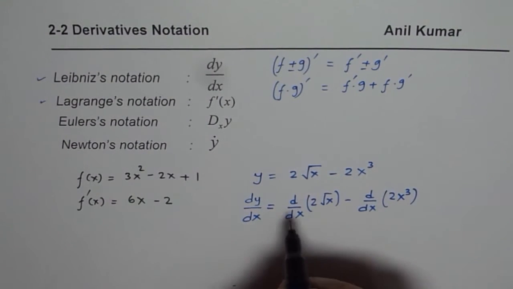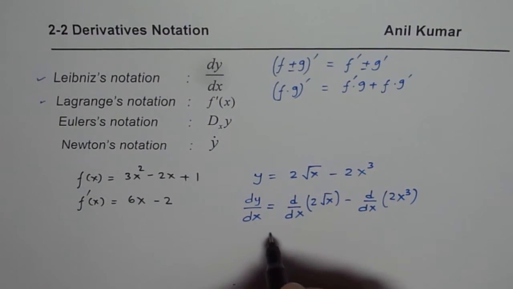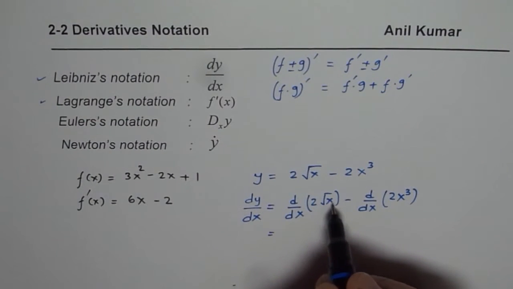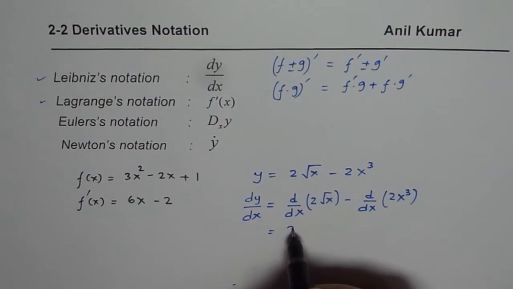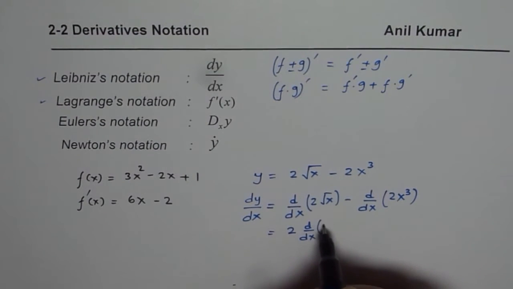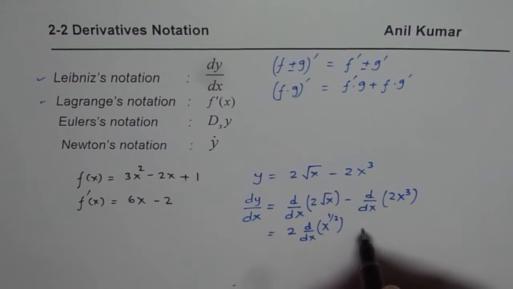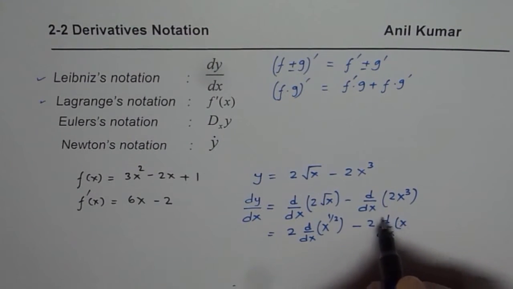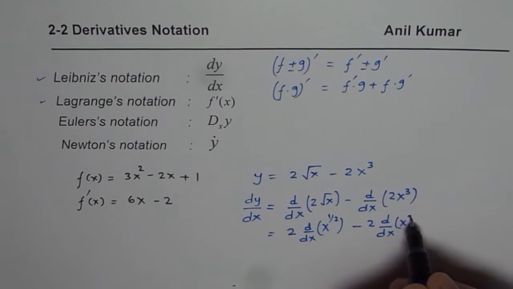Now it is a constant times a power, so we'll apply the rule. 2 comes outside, so 2 times d dx of, it may be advisable to write square root of x as x to the power of half. And here we'll write 2 times d dx of x cubed. Since it is a constant, I have taken it outside.